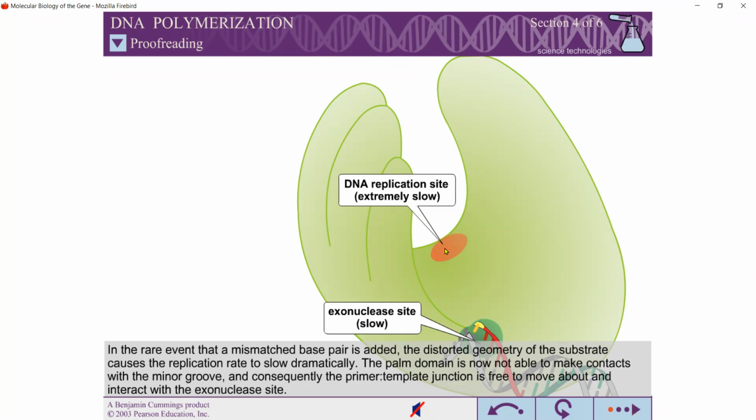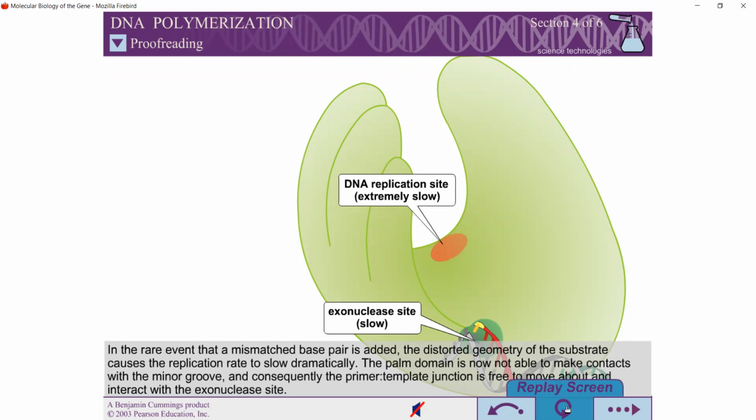the polymerase opens up, and the palm domain is no longer able to make contacts with the minor groove. Since the palm domain is not able to make contacts with the minor groove, the primer template junction opens up from here and is free to move about and interact with the exonuclease site.